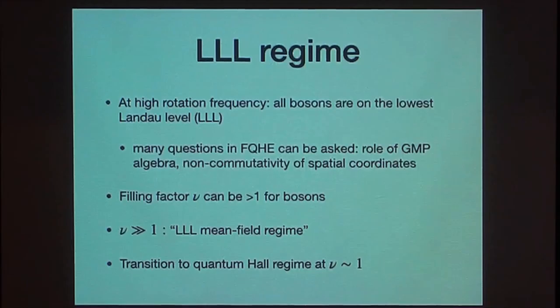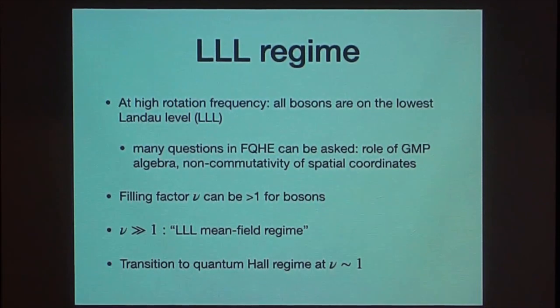Another interesting thing about this problem is that one can go to the so-called lowest Landau level limit. That is a limit very popular in quantum Hall physics. If we rotate the system with sufficiently high rotational frequency, then one can achieve a regime in which the distance between the Landau levels in energy is much larger than the average interaction energy between neighboring particles.